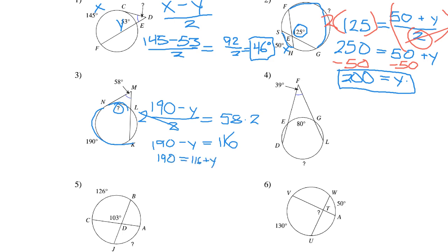The reason I want to do that is now my y is positive, which is kind of nice. I can subtract 116 from both sides. 190 minus 100 is 90, minus 10 is 80, minus 6 is 74. So we should get 74 is that y.